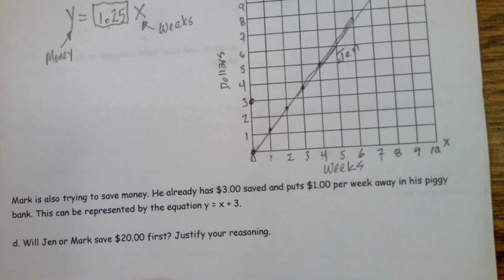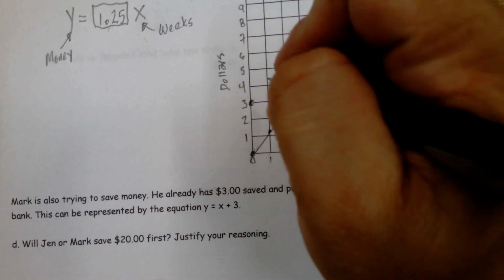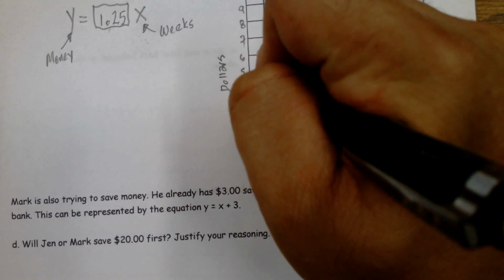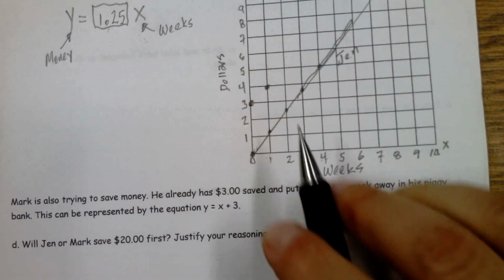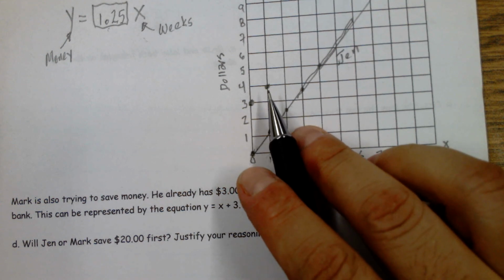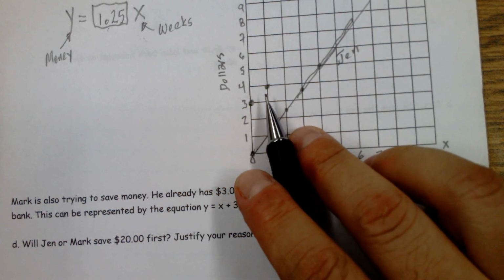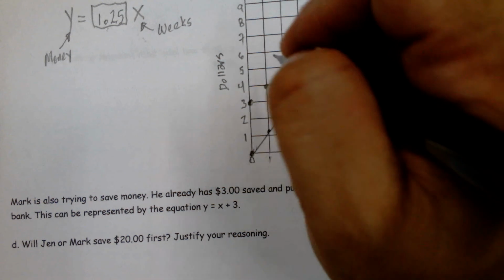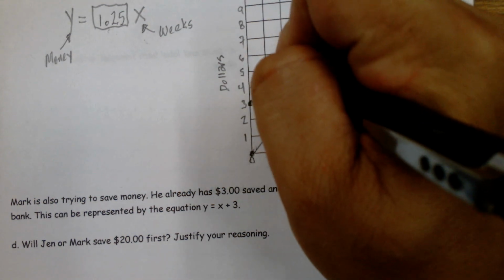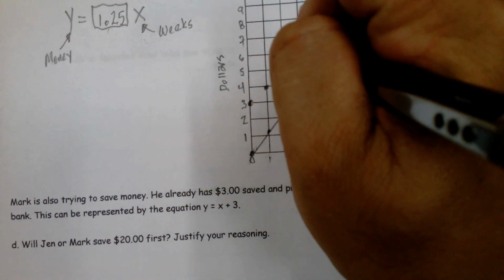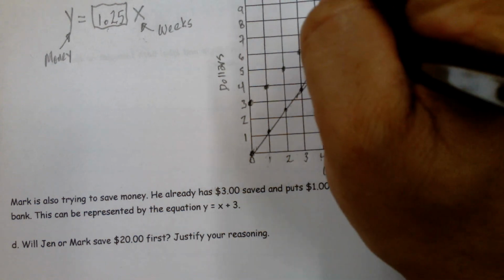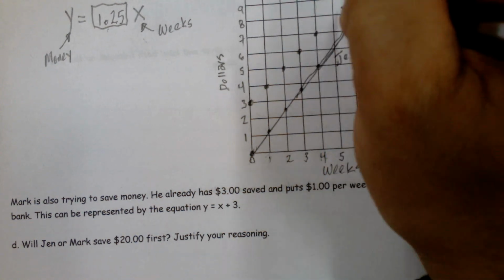So after 1 week, you add $1 to $3, how much do we have? We have 4. So after another week, you add $1 to $4, you have $5. And then you add another dollar every week. So you move up $1.